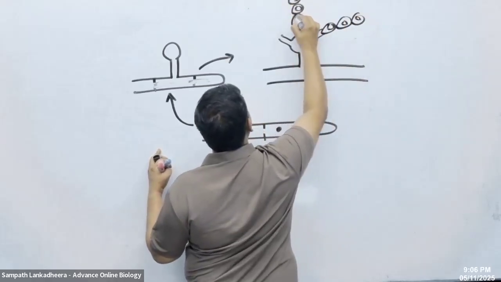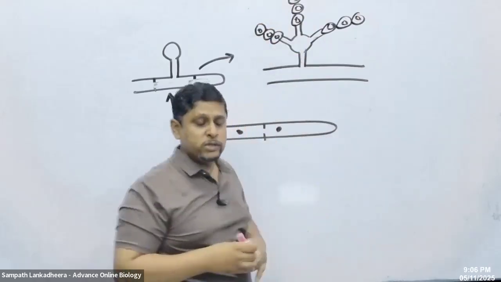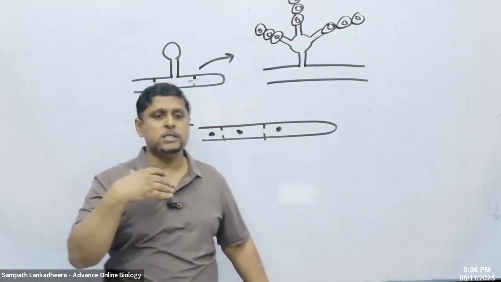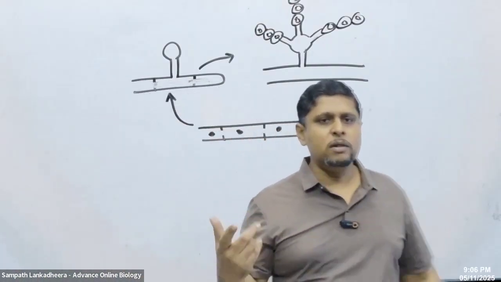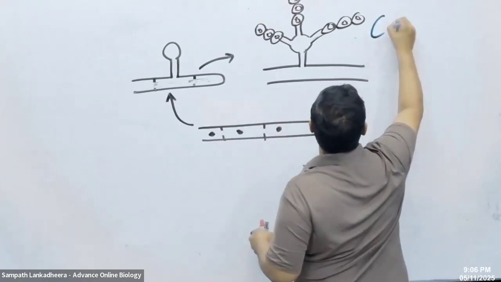That's a special feature. Previously, the asexual spores were produced inside. Now the asexual spores are produced towards the outside. So what do you call them, people? Exospores. These are conidia.